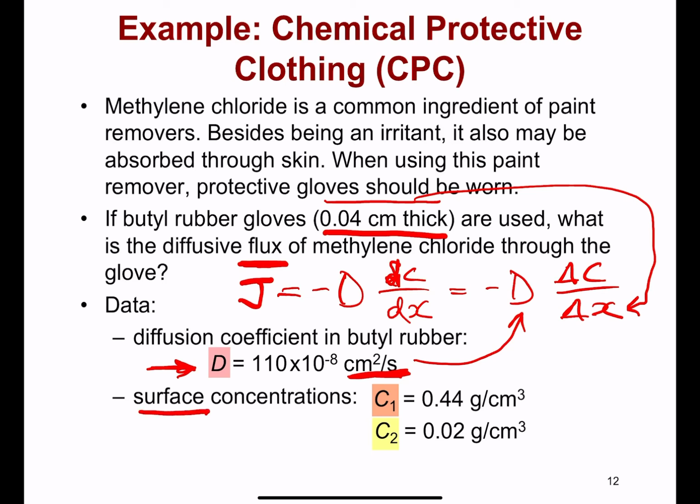So we need to know concentration. We might be told that the concentration in the paint remover is very high at 0.44 grams per cubic centimeter. Okay, so we're getting mass of methylene chloride per volume. And on the other side, towards your skin, it's very low. So here we have a non-zero value of 0.02 grams per centimeter cubed.